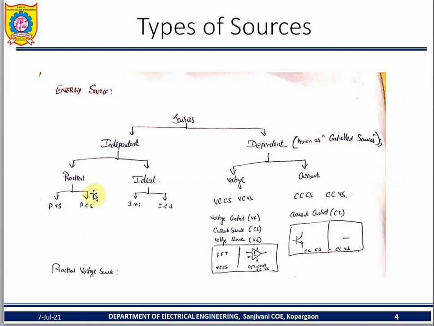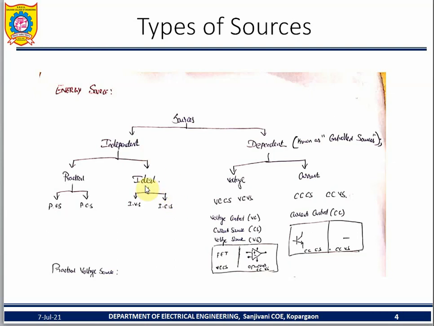Before we go further, let's recap. What are the sources? Generally AC source and DC source. How to get the DC source? With the help of the rectifier. Then these sources are classified into independent source and dependent source. Dependent is nothing but a controlled source. Independent sources are further classified into practical source and ideal source.